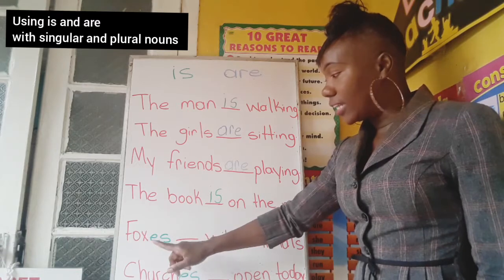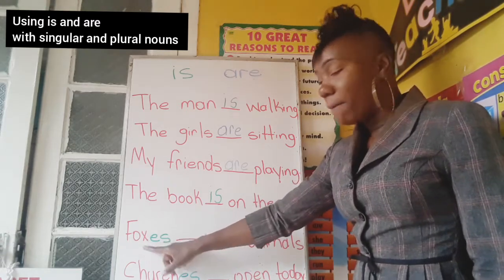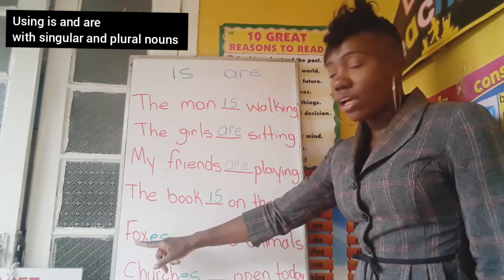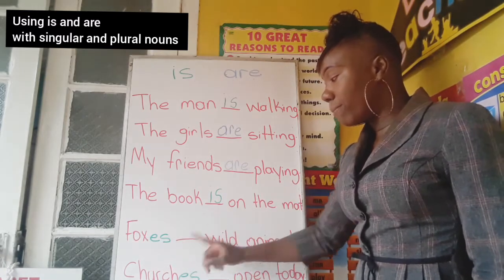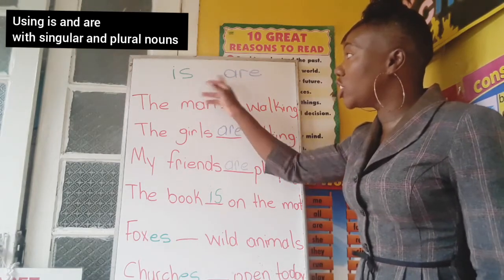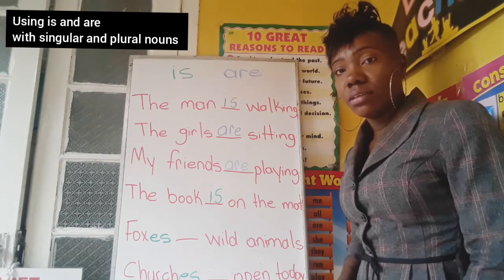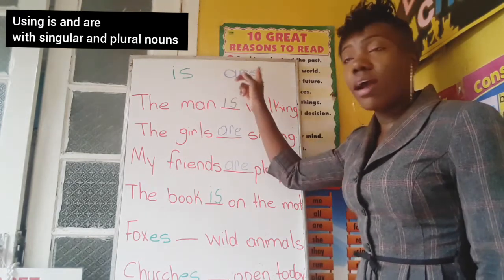Foxes, and see, we have es to pluralize this noun because it ends with x. Foxes, wild animals. Now, which one of these are we going to use because they are talking about more than one foxes? Are we going to use is or are?